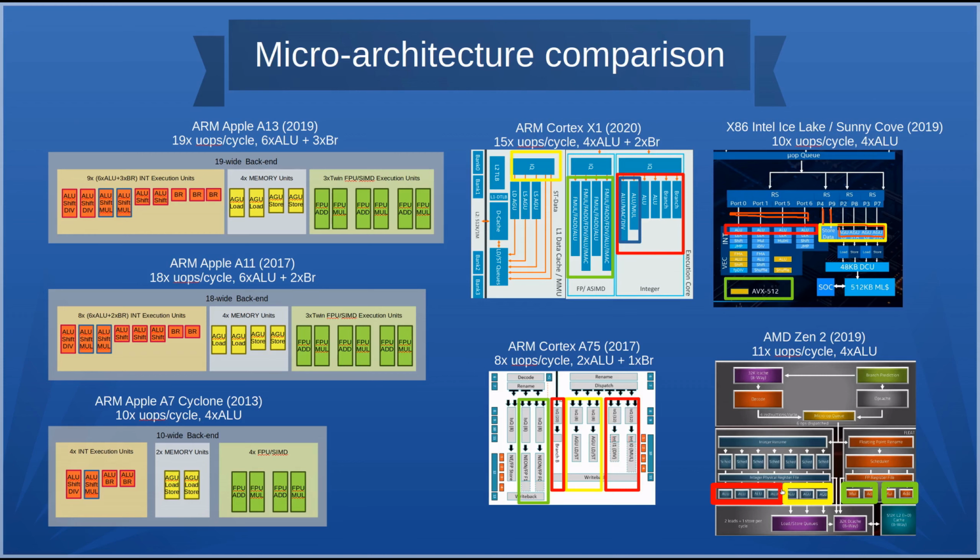But when we take a look at the Zen 2 here, Zen 2 has 4 integer units and 4 floating point units. This is 8 execution units for the calculation, and it has 3 pipelines, 1 for the store and 2 for the load.